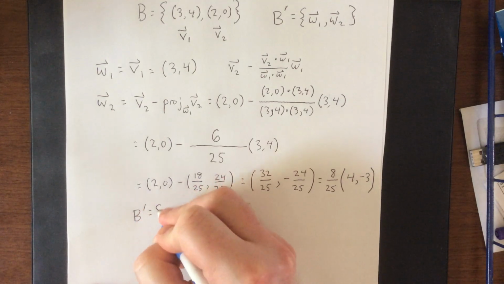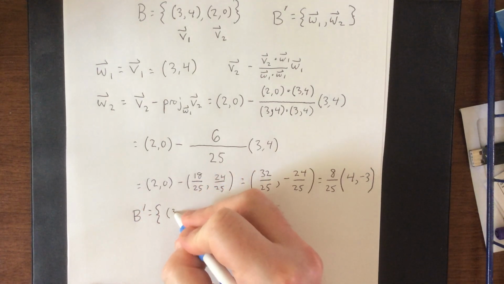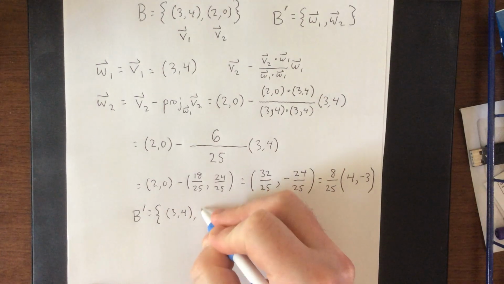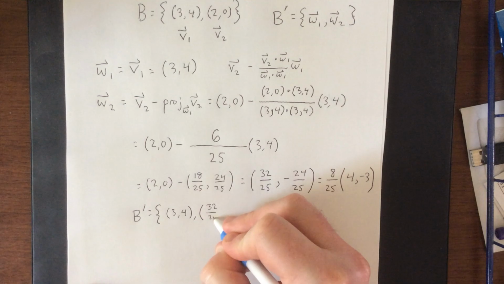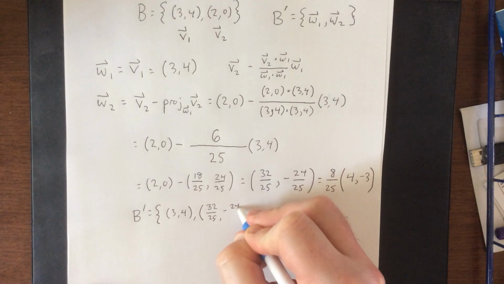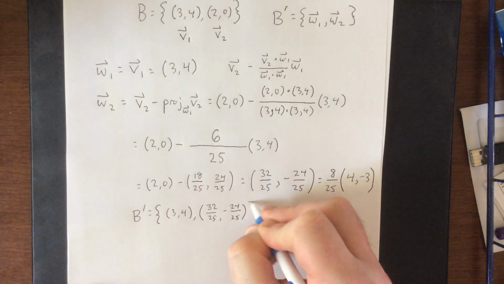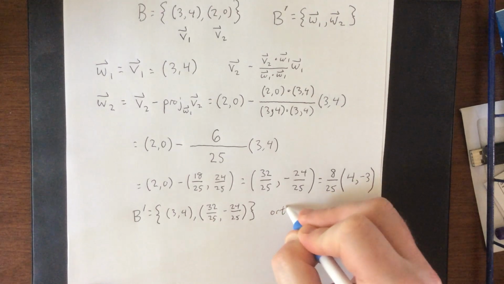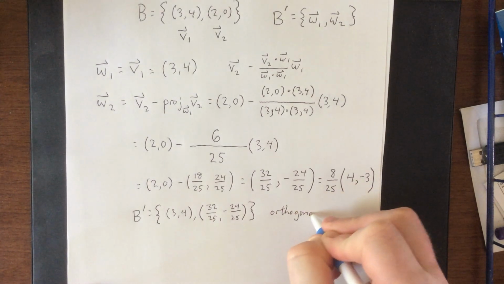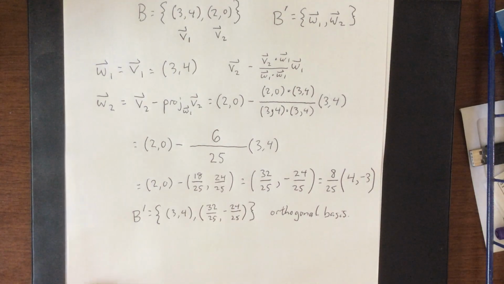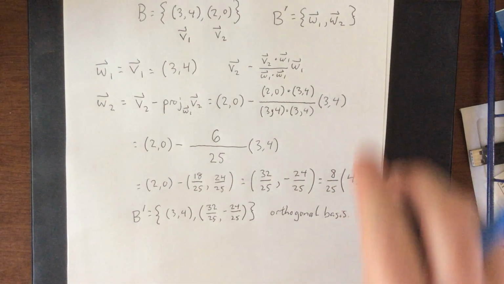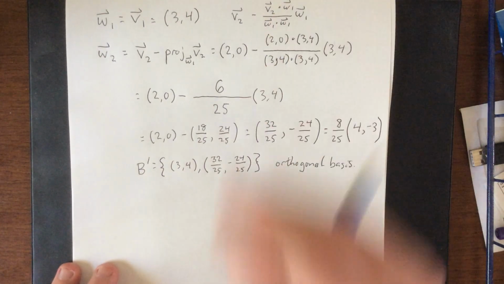So B prime being equal to the vectors (3, 4), and you can write it in either fashion, (32/25, negative 24/25). This is now an orthogonal basis. To create an orthonormal basis, we need simply divide each of these vectors by its own magnitude.